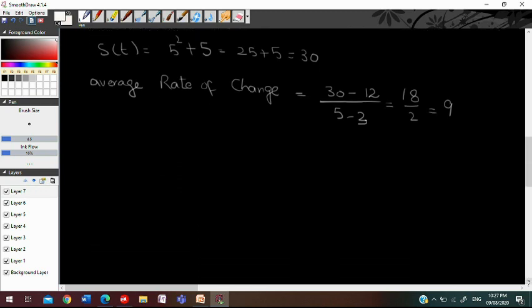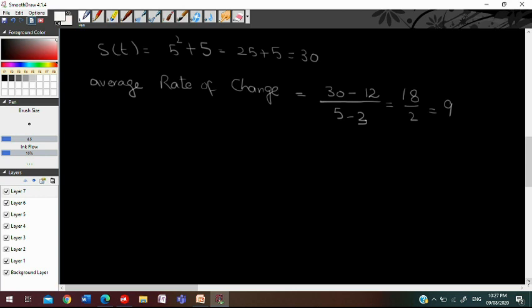In your book at page number 42, there you can see. Kindly pause this video, open your books and see page number 42. Here we have a table in which different examples are given to calculate average rate of change, and I have solved the first example for you.